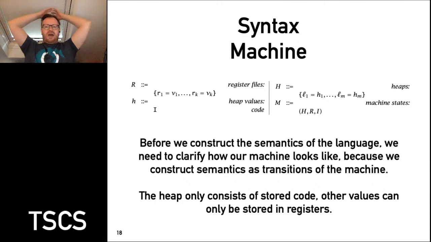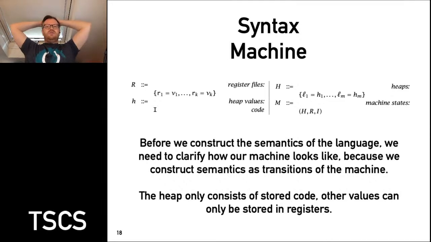And then you have a machine M, which is a machine state, which takes a heap, a register file, and a current instruction sequence I, and this is the state of your current machine.